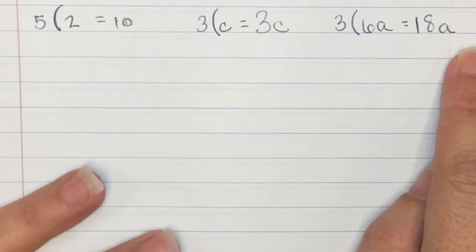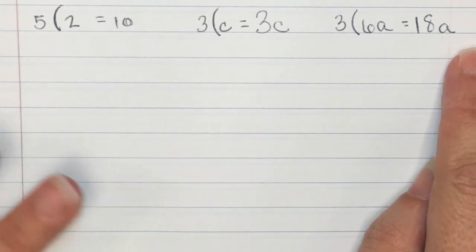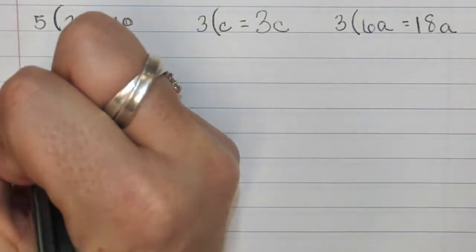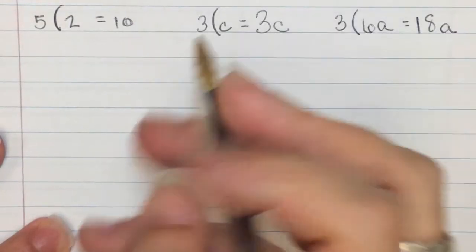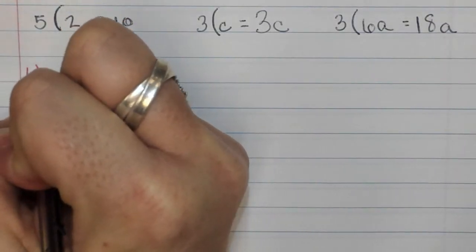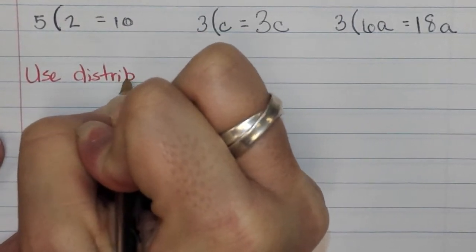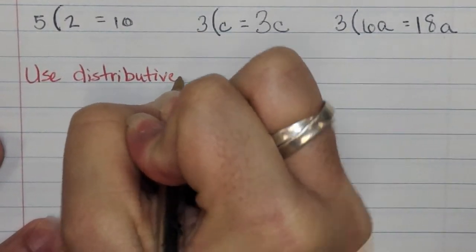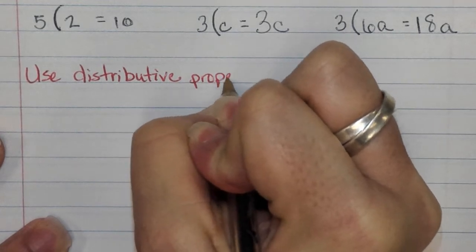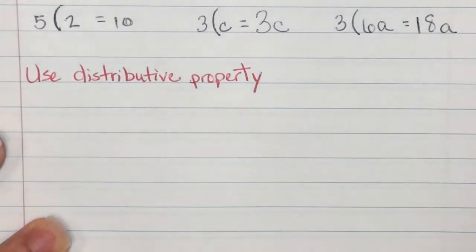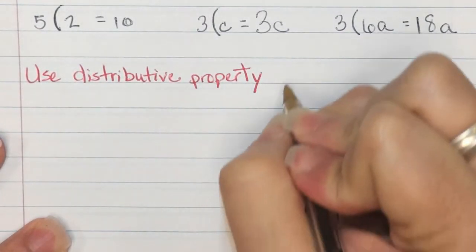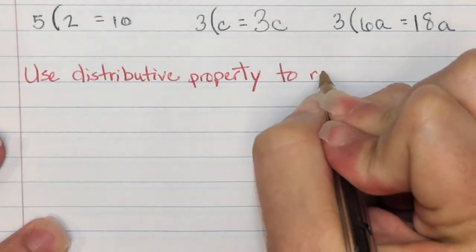Now, the first style of distributive property that we're going to do has these directions. So if you would, write these down. It'll say, use distributive property to rewrite an algebraic expression, because that's all we're doing.